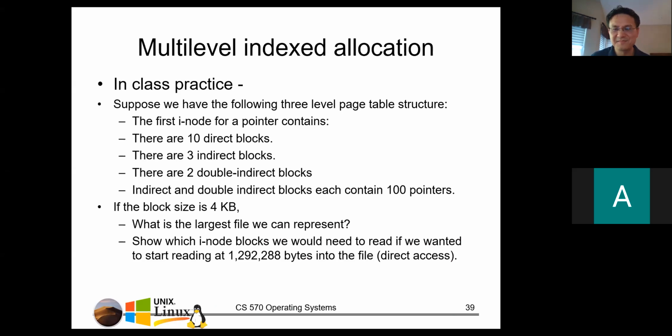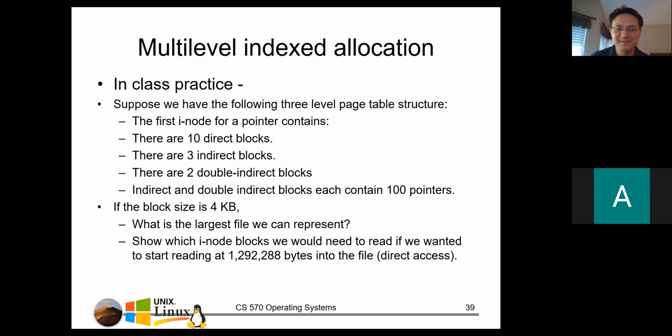And for the double indirect, it's the same logic as the regular indirect, except instead of 100 pointers, we have 100 squared pointers on each double indirect. So it's going to be 4 times 2 times 100 squared, and then you add them all together and you get 81,240. Very cool.